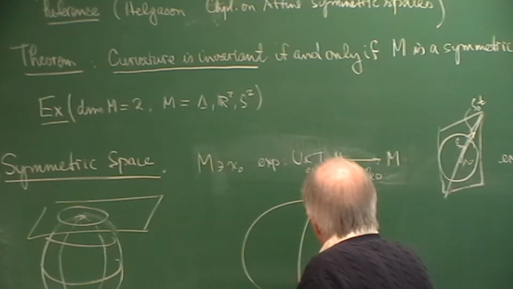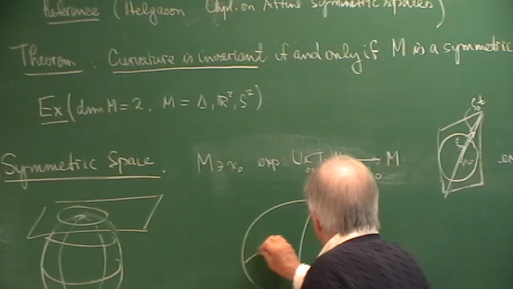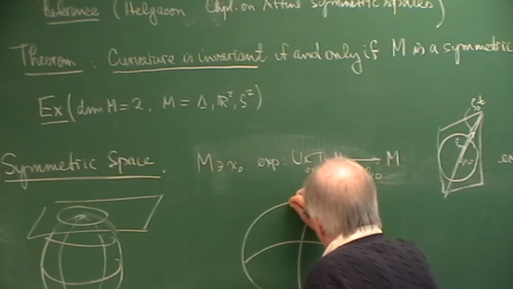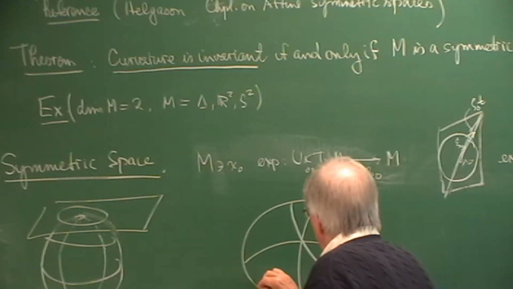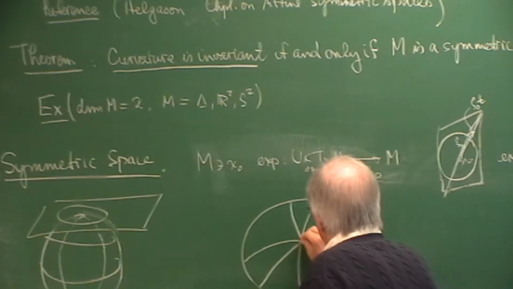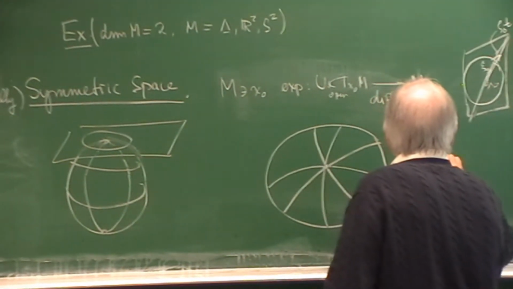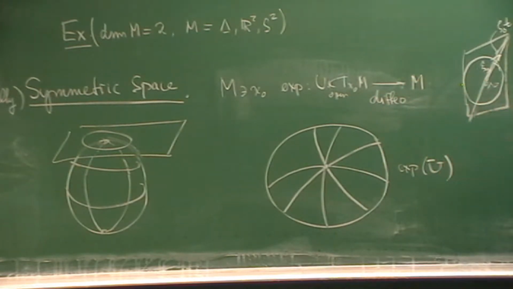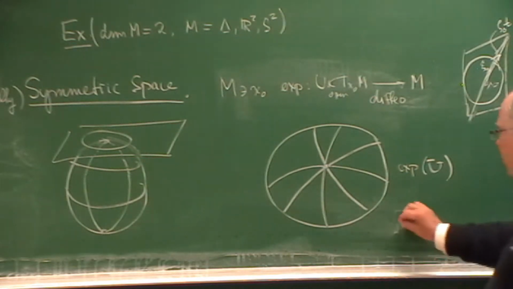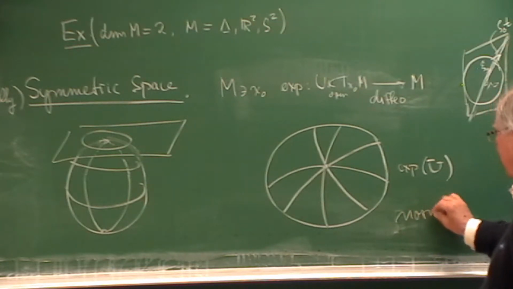Maybe I'll make a little curve to remind you that these are really geodesics on the manifold. This is the image of the exponential mapping. This is x of u. So each line comes down to a geodesic. Right? This here is called normal coordinates. I'm reviewing all these things for you.